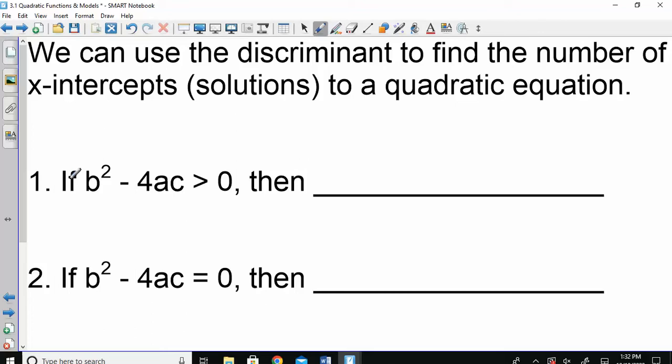Remember we'd say things like 1 real, 2 imaginary, 2 real. What happened if it was greater than 0? Think about the quadratic formula.